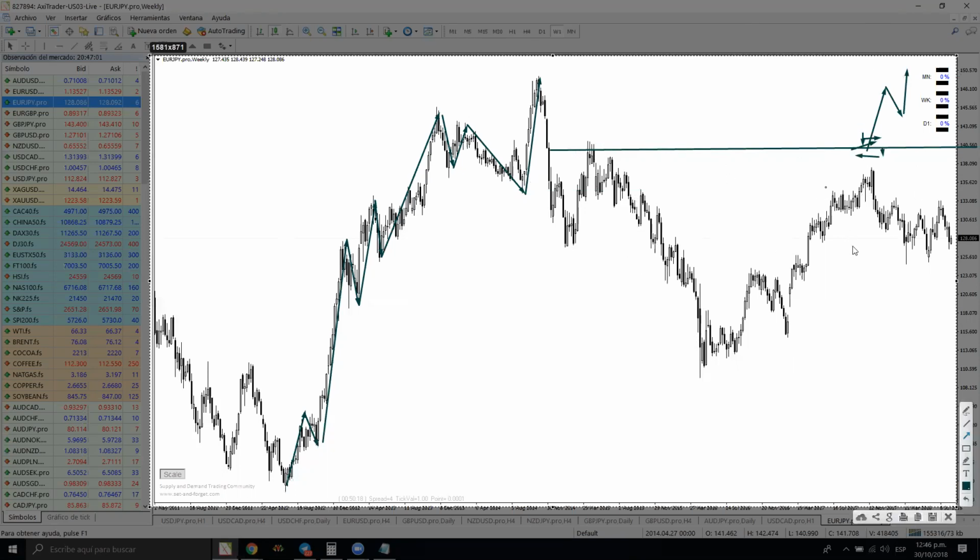But if the market is below this last resistance, the market continues in a downtrend.